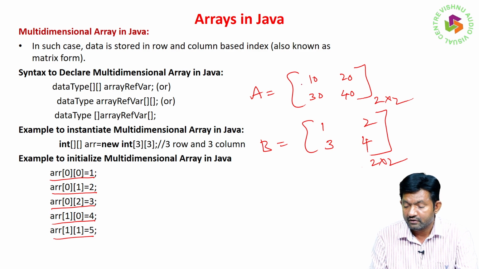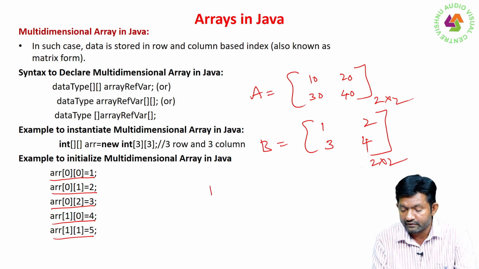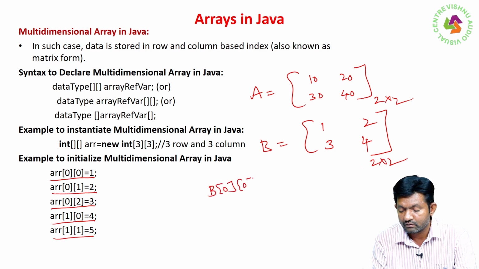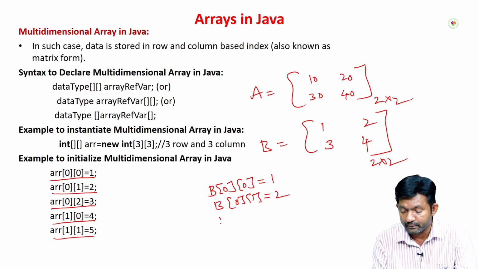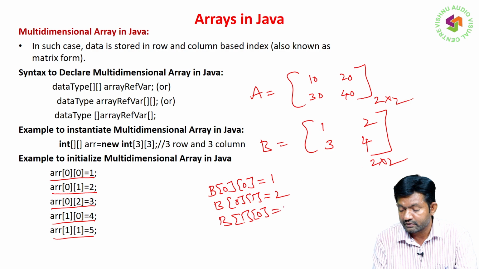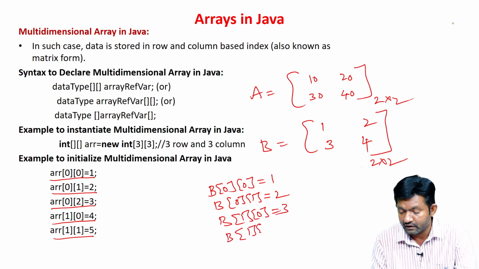Now B of 0, 0 is equal to 1, B of 0, 1 is equal to 2, B of 1, 0 is equal to 3, B of 1, 1 is equal to 4.